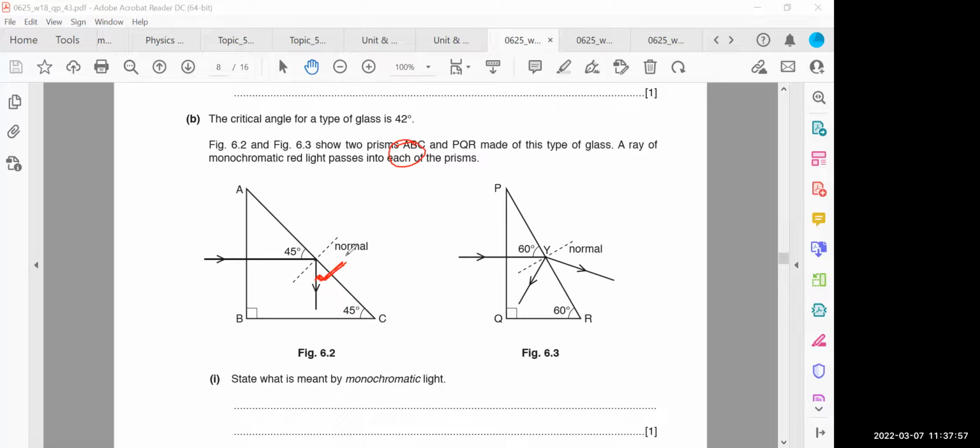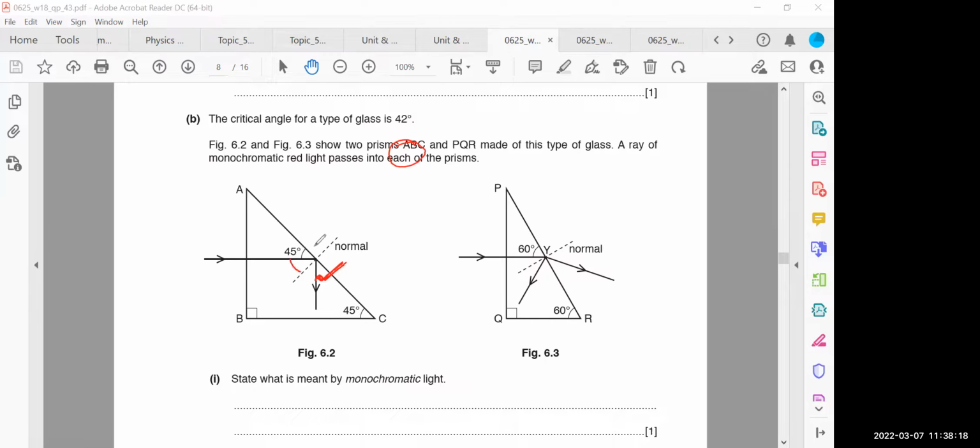It's a total internal reflection. Please prove that this is the TIR. Because the angle is greater than 42 degrees. May I know the angle of incidence in this case, Pahel? 45 degrees. 45 degrees, yes.